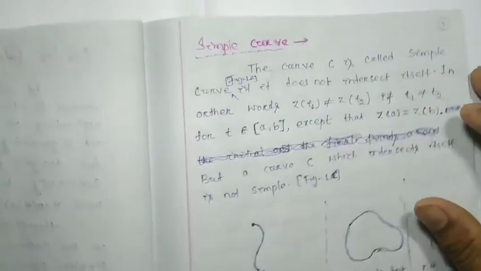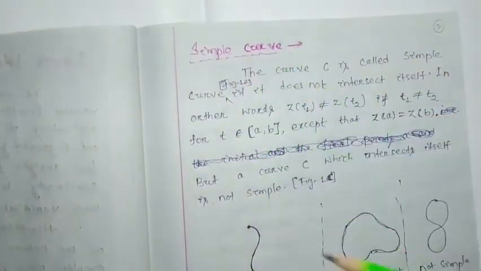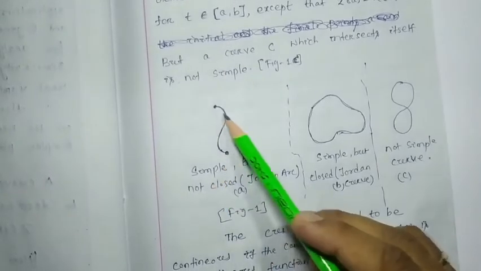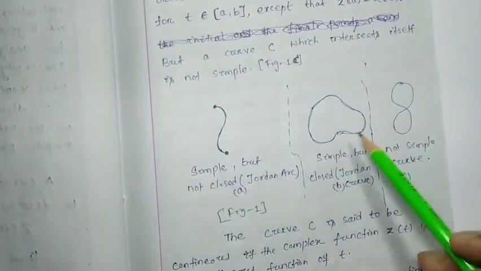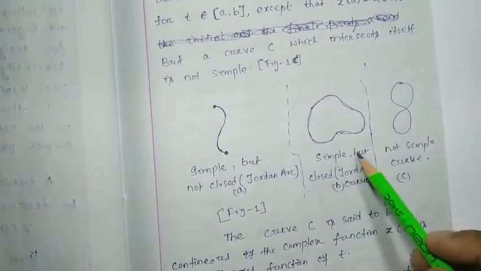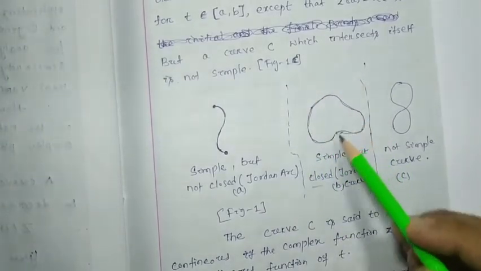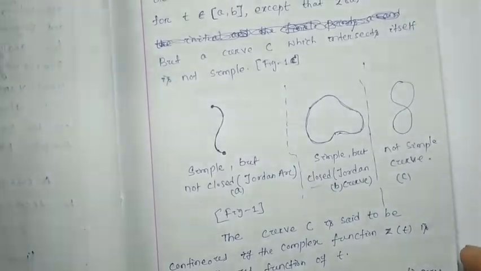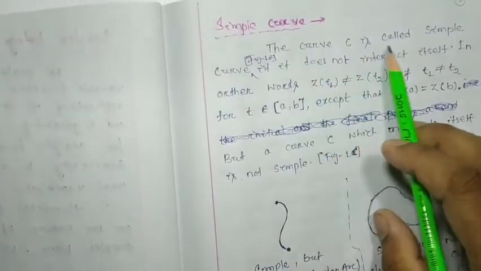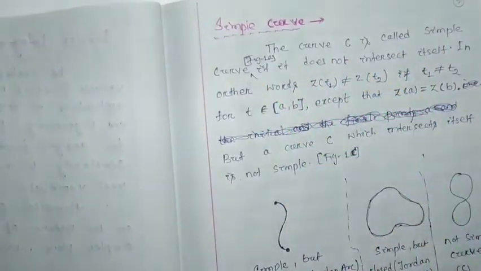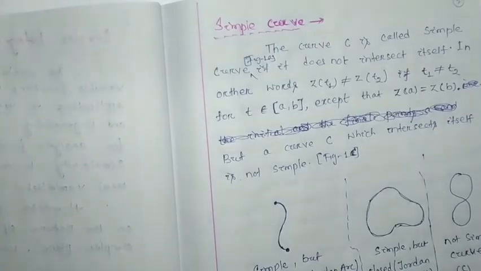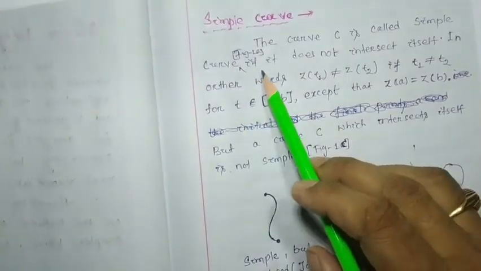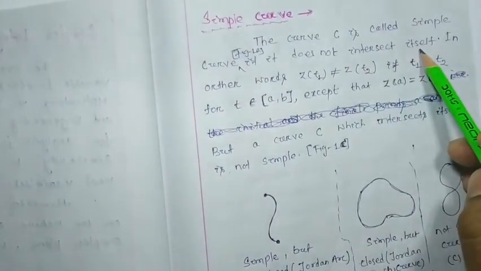Now different curves we are going to discuss. Simple curves. You can see this is a simple curve but not closed. Here is a simple curve but closed. But this is not a simple curve. So the curve C is called a simple curve, see figure 1A, if it does not intersect itself.